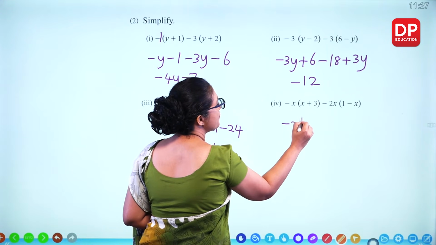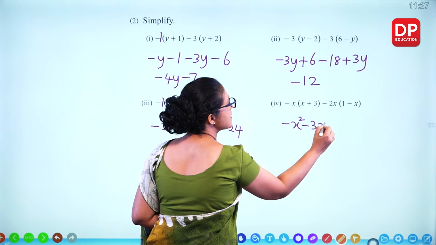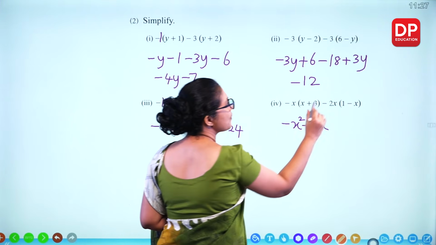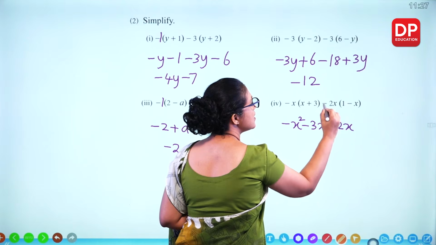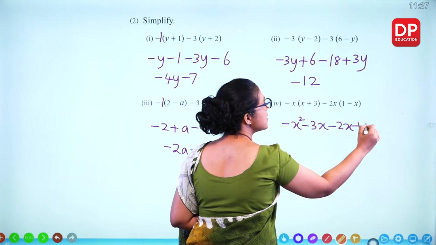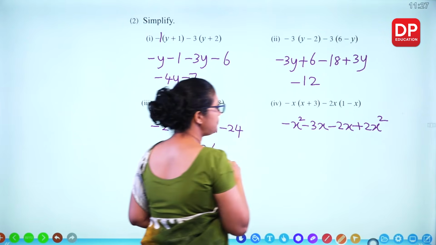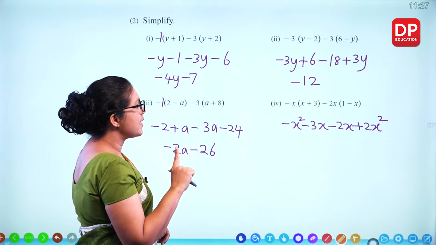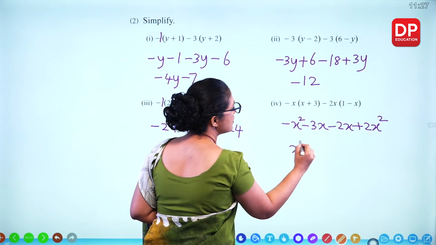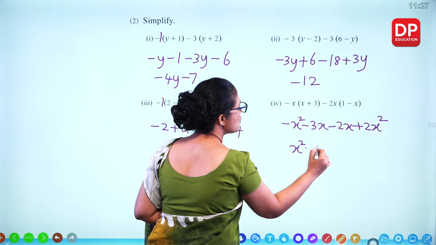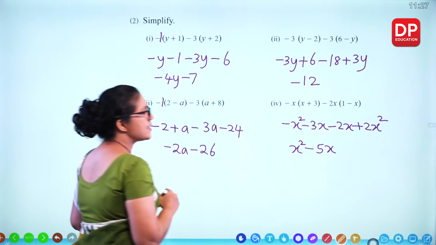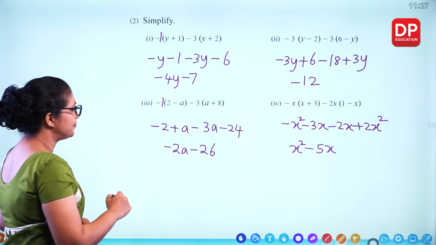Minus x squared. Minus 3x there. This one minus 2x and plus 2x squared. Plus 2x squared minus x squared, x squared. Minus 3x and minus 2x, minus 5x.